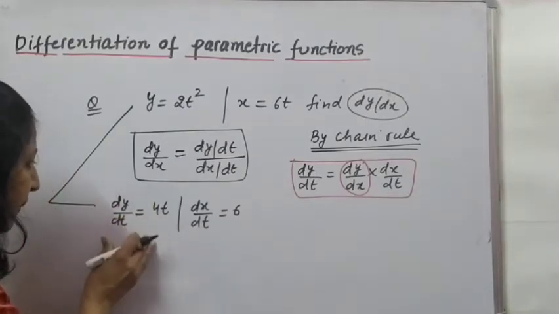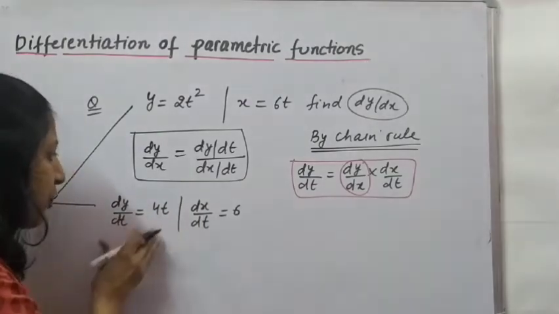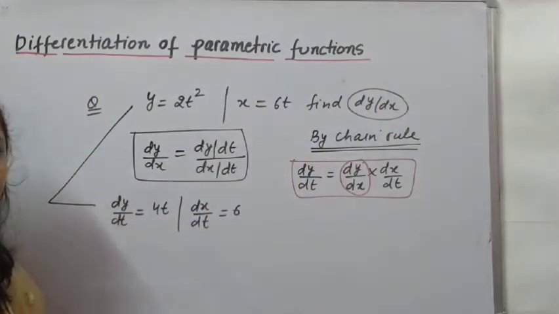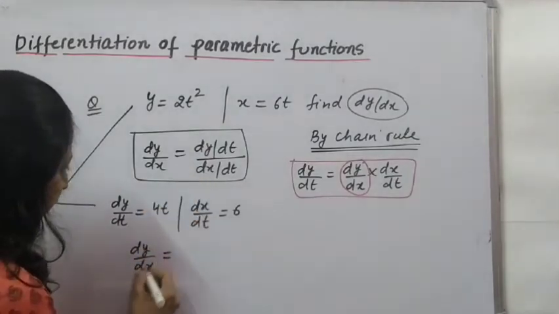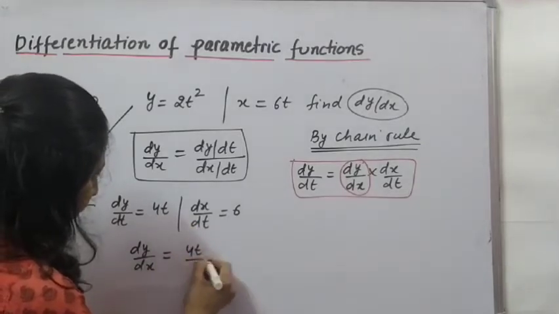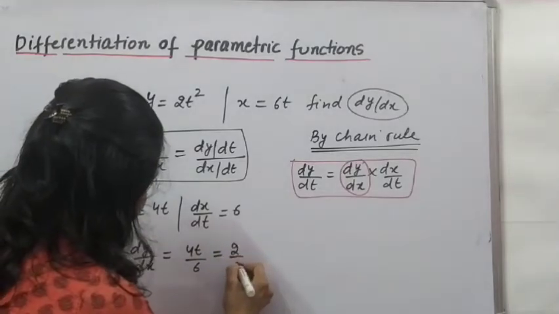So we have determined both values, that is dy by dt and dx by dt. Now put both values in this formula and we will get our required value, that is dy by dx. After substituting, we will get dy by dx is equal to dy by dt, that is 4t, upon dx by dt, 6. So our value will be 2t by 3.